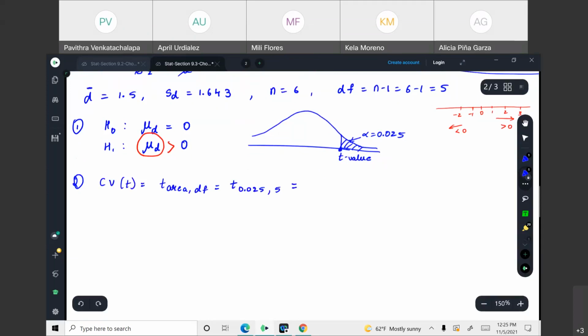Input this and you will get 2.57. Okay, you have to use inverse t. Since it is to the right side, we do 1 minus area, comma, degree of freedom.